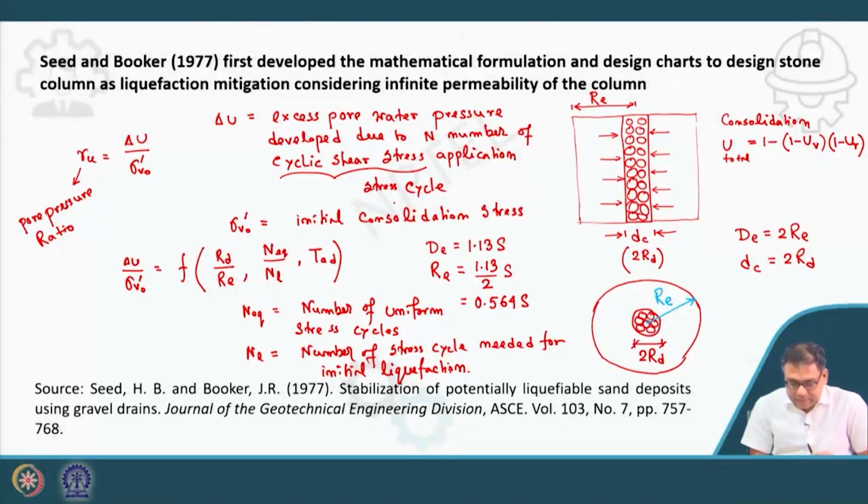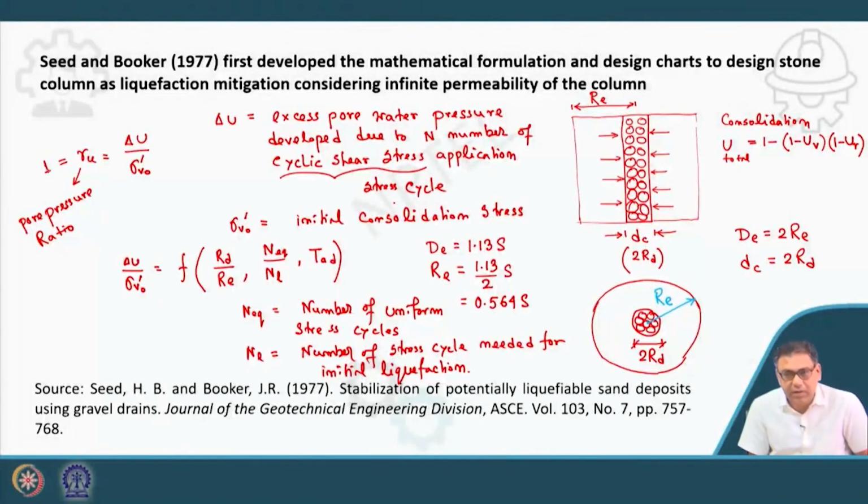So that means what is this N equivalent? N equivalent is the number of uniform stress cycle. Okay, that means it is the stress cycle applied on the soil, and NL is the number of stress cycle needed to cause initial liquefaction. So what is initial liquefaction? You know that if this value is 1, then you call it the initial liquefaction, or 1 or 100%.